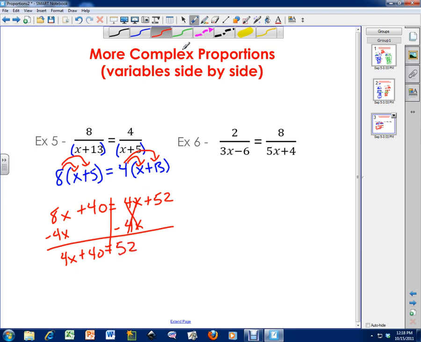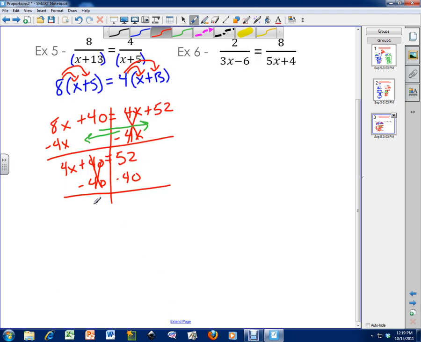Since you brought the variable to the left, I'm going to bring this number 40 to the right. So you always lead with the variable, and then the number always goes the opposite direction here. So I'm going to now subtract 40 from both sides. Again, you want to have a number on one side, a variable on the other, and I'm getting closer to that point right now.